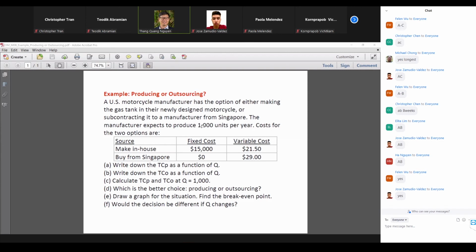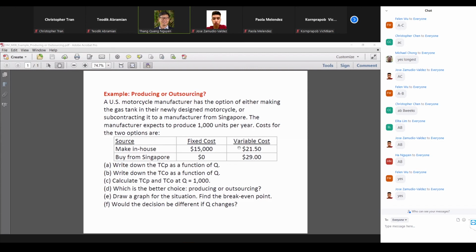So either Harley-Davidson will produce a gas tank by themselves, or they will hire another company to do the gas tank for them, right? So the cost for the two options are, if they make the gas tank in-house, they first of all will have to set up the workshop, right? And that costs them $15,000.